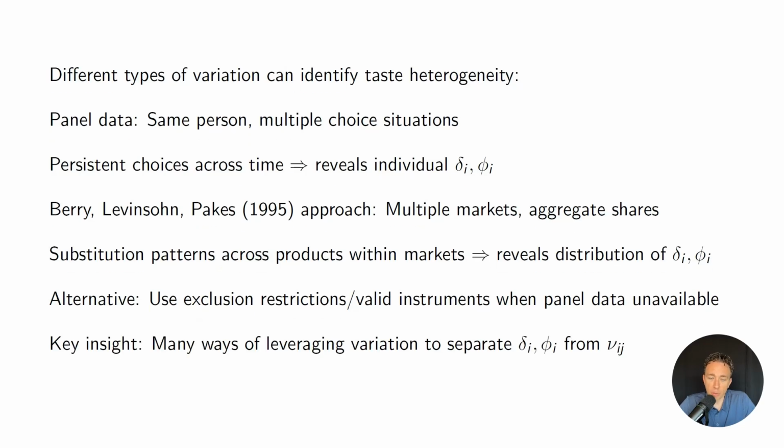So there's lots of different ways of leveraging variation in the population data to separate these different components of the preferences, but the idea is that we need to be thinking about that from the get-go before we start estimating stuff.